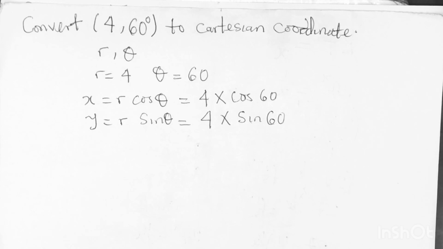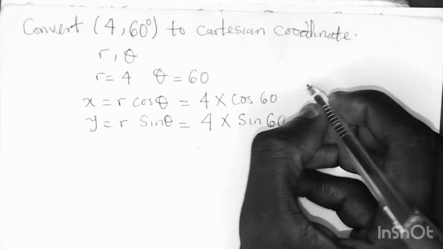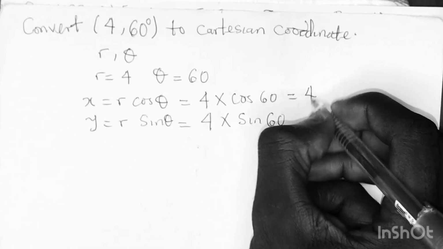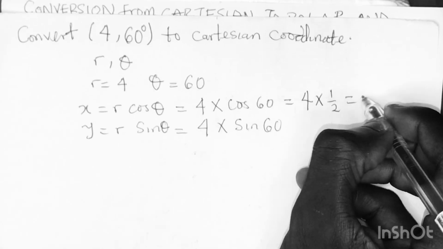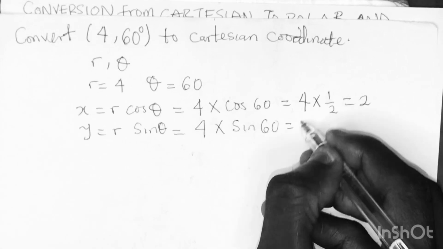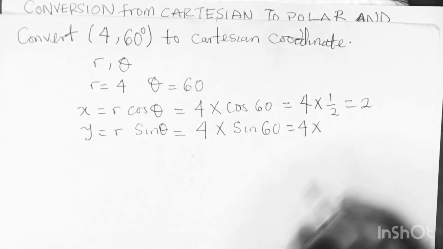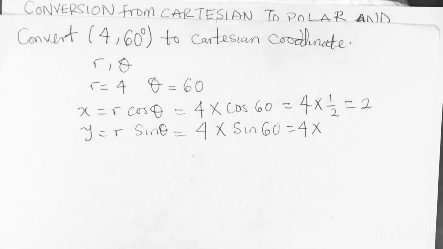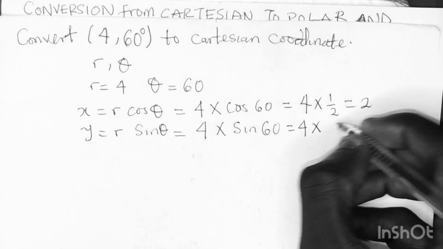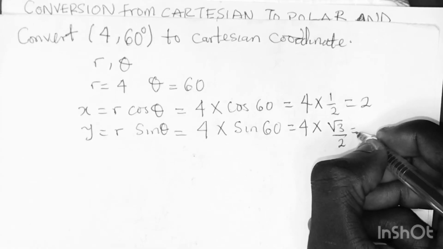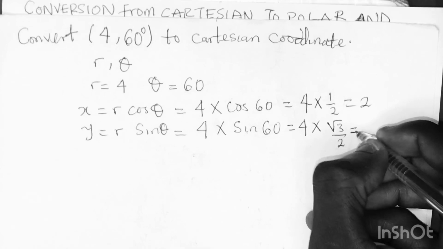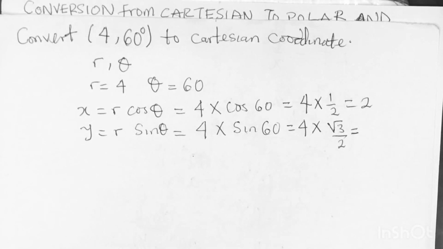What will cos 60 give me? I know that cos 60 is the same thing as 1 over 2. So this is 4 times 1 over 2, and that will give me 2. And sin 60 is root 3 over 2. There is a shortcut I'm using to know those ones. So in my next video, that is what I'll be teaching you guys.